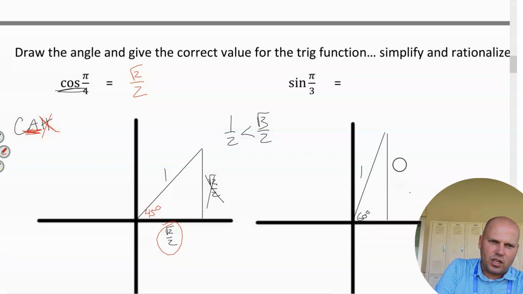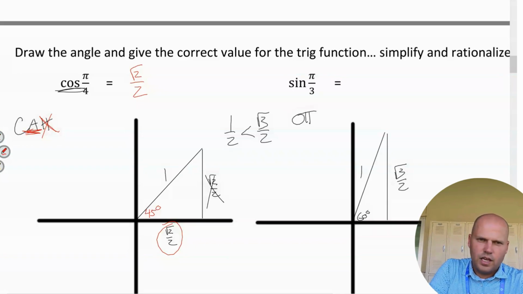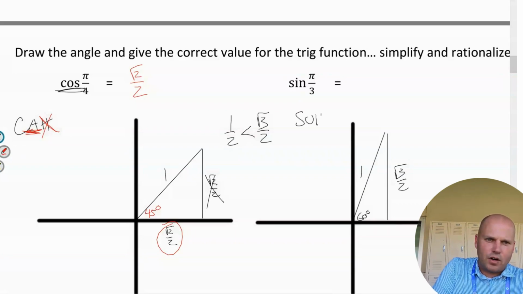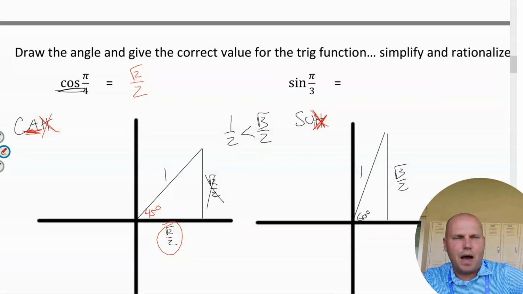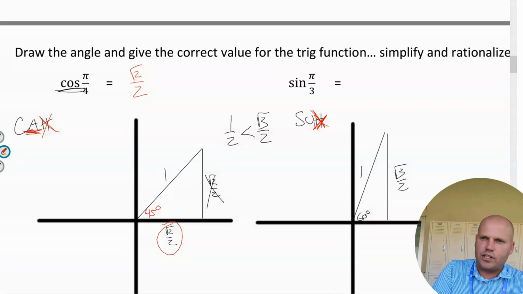Now, I could write down both sides, but I only care about the opposite side because sine is the SOH in SOHCAHTOA. However, I don't care about the hypotenuse because it is 1, and when you divide by 1, nothing happens.